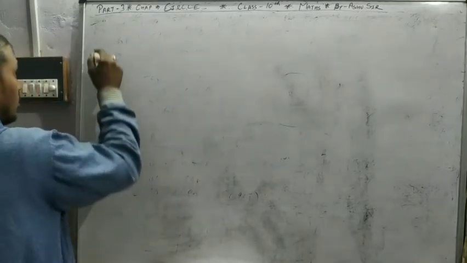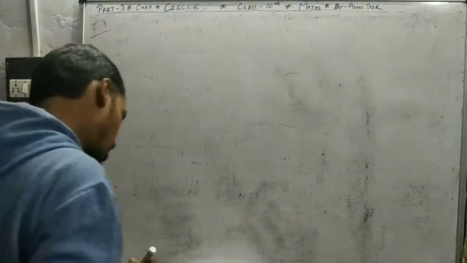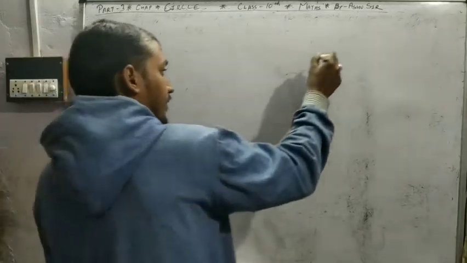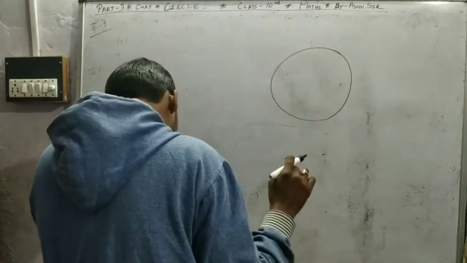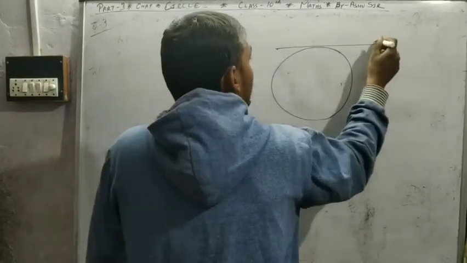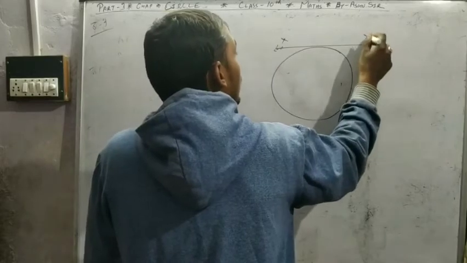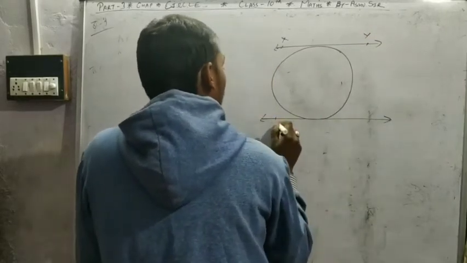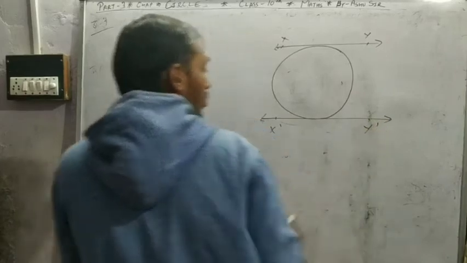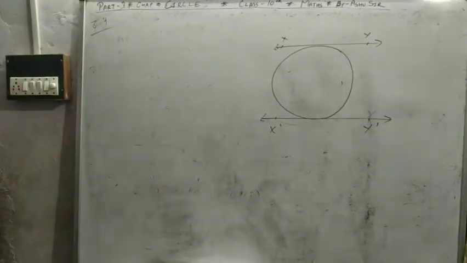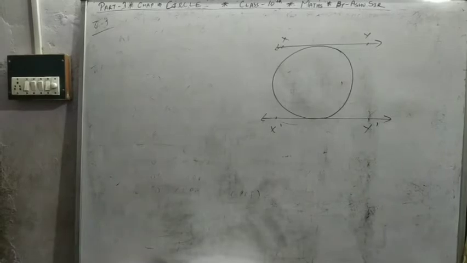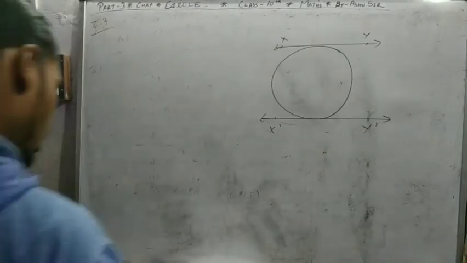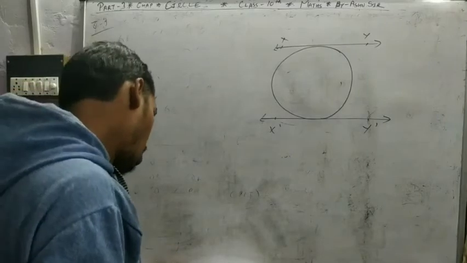Next question. Question 9. In the given figure, XY and X'Y' are two parallel tangents, and O is the center of the circle.